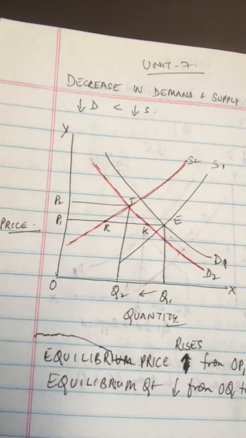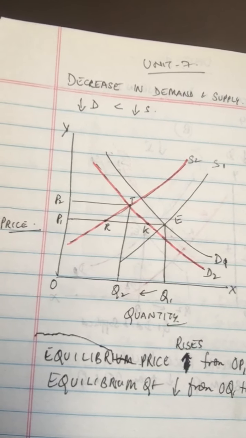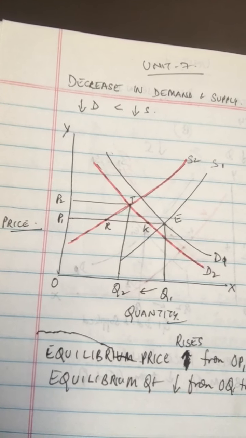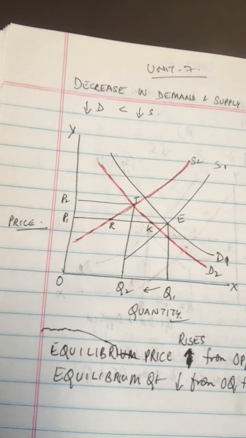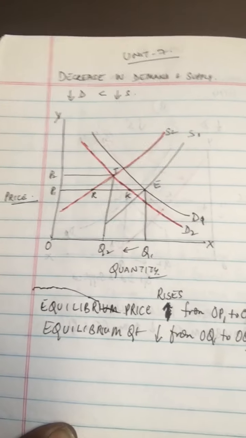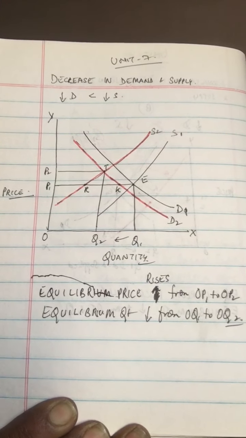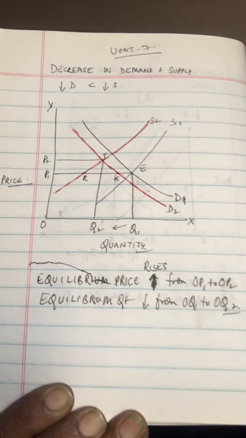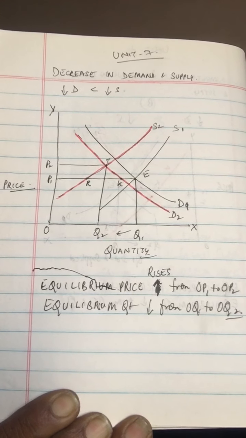Supply extends from point R towards point T, and the new equilibrium is struck at point T. It is here that the new leftward shifted curves, that is S2 and D2, intersect each other, and the impact we can know is the impact on equilibrium price, that it rises from OP1 to OP2, and the impact on equilibrium quantity is that the equilibrium quantity falls from OQ1 to OQ2.